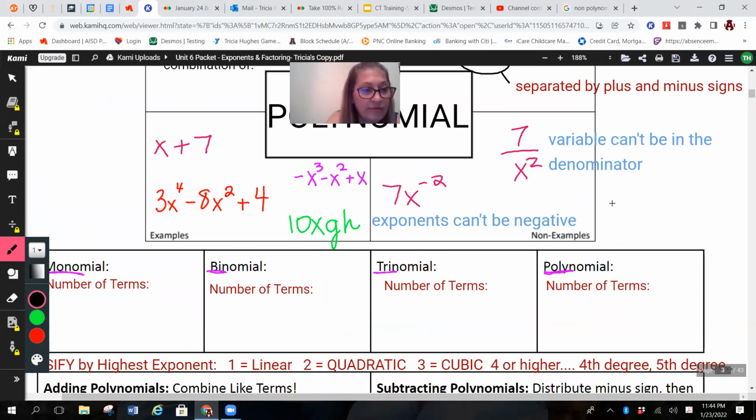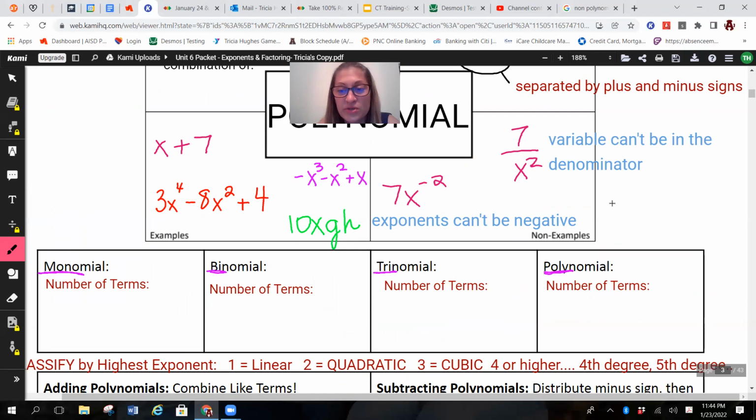Now we have monomial, binomial, trinomial, and polynomial. How many terms do you think monomial will have in it? How many terms do you think a binomial will have? How many terms do you think a trinomial will have?